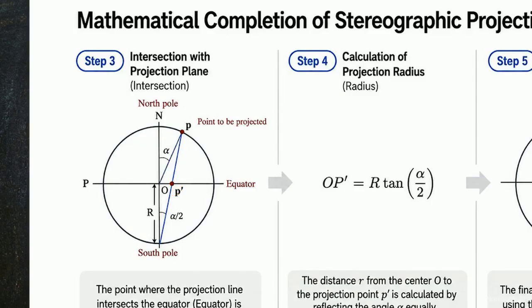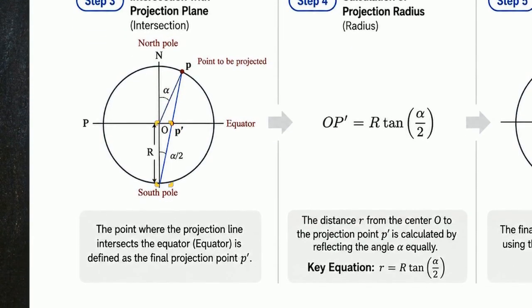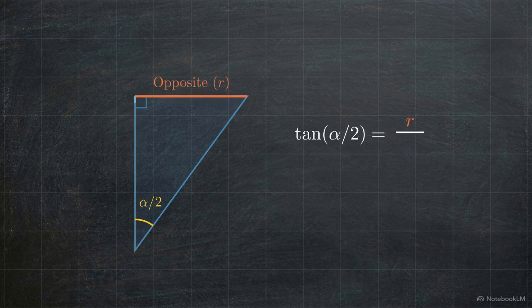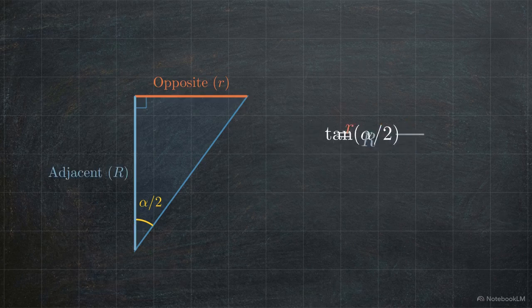To find its distance from the center, we isolate the right triangle formed by the origin, the South Pole, and point P'. Based on inscribed angle geometry, the angle situated at the South Pole is exactly half of the initial colatitude, or alpha over 2. Applying the basic tangent function, dividing the opposite side by the adjacent side, solves for the length of the horizontal radius line.